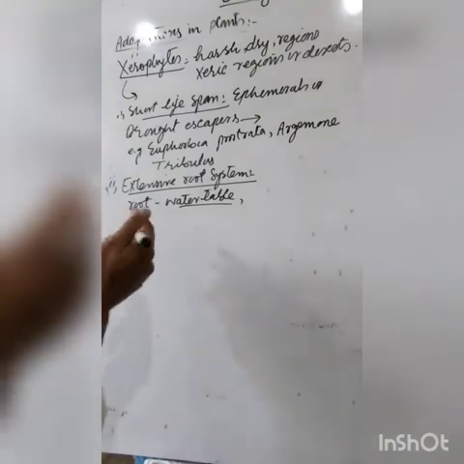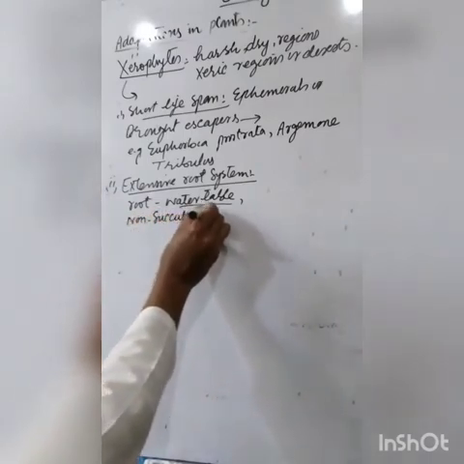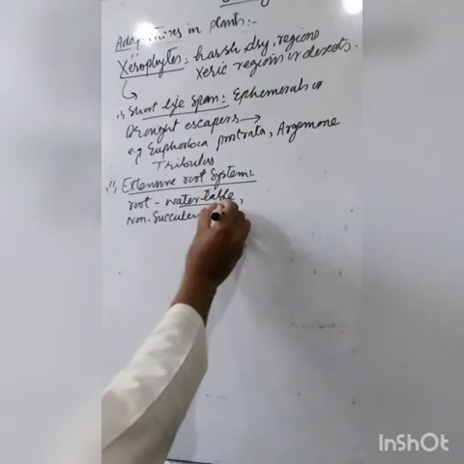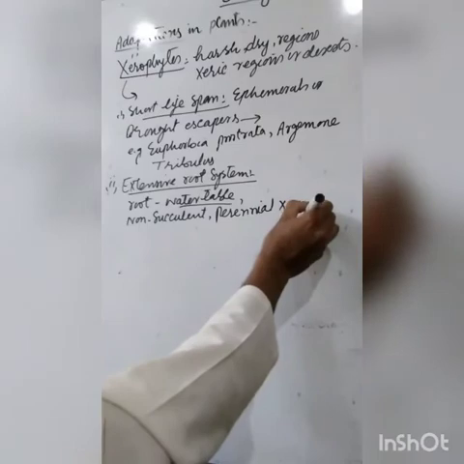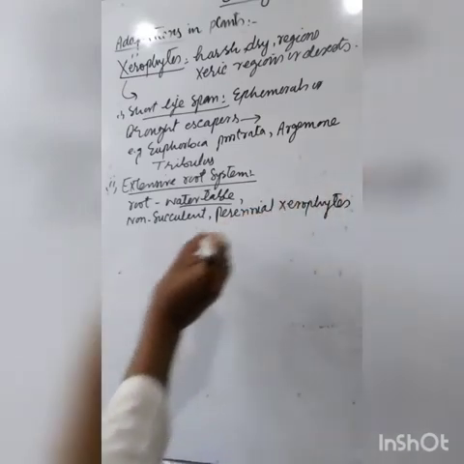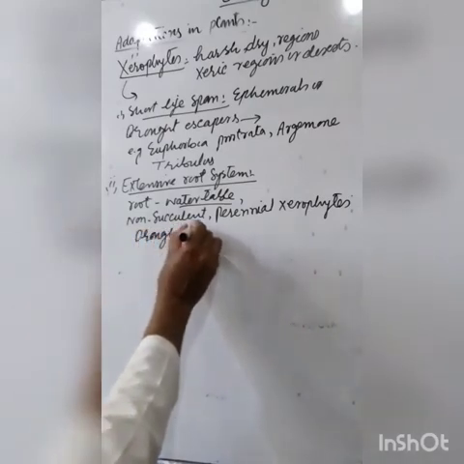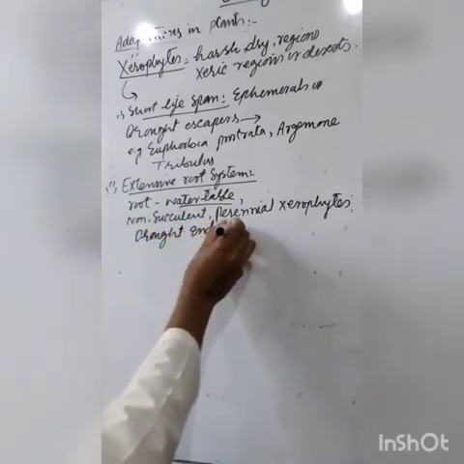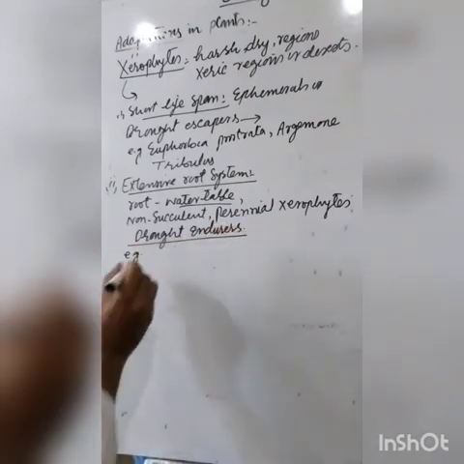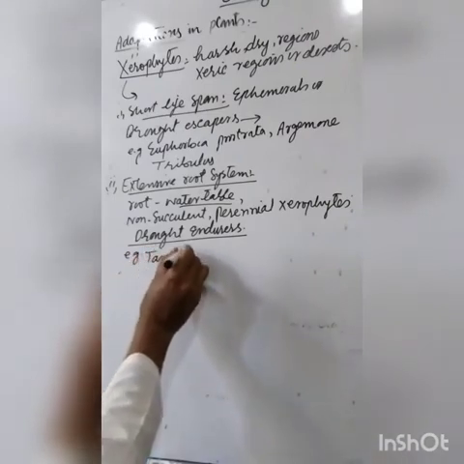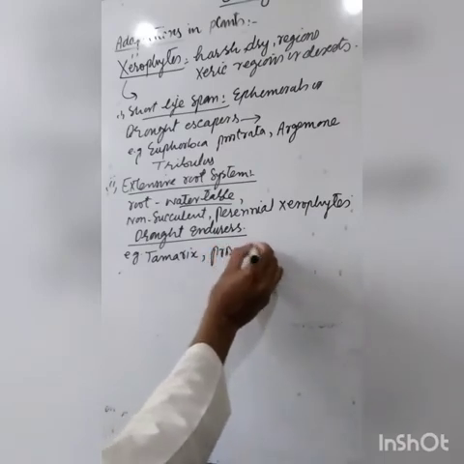These are the non-succulent xerophytes, perennial xerophytes, and these are sometimes also called drought endurers. And there is one that is called Tamarix, Prosopis, another plant.